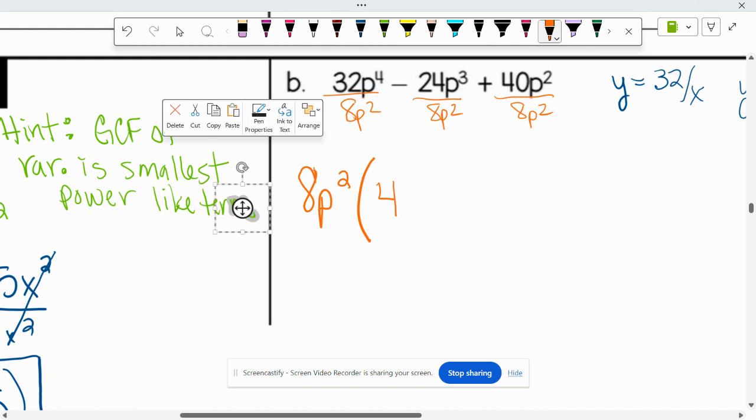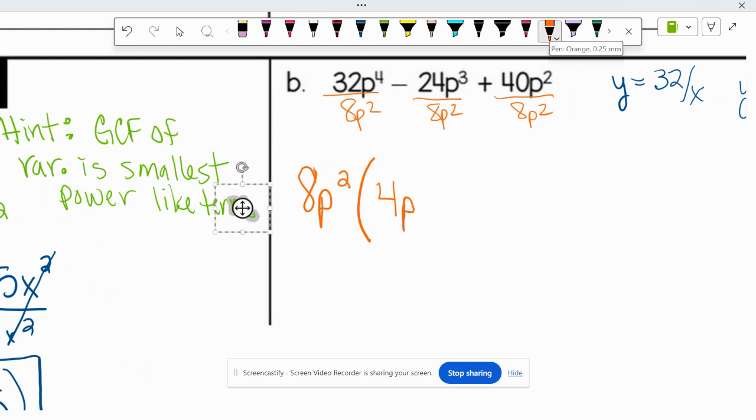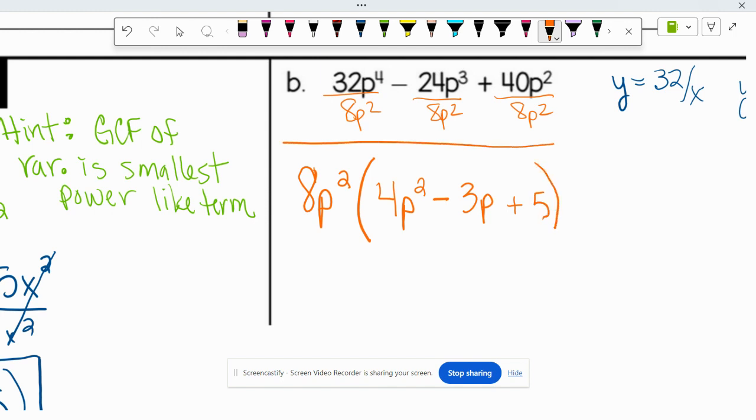Subtract. So what is 4 minus 2? 2p squared. Negative 24 divided by 8 is negative 3. p cubed divided by p squared is p. 40p squared divided by 8p squared: my p squareds cancel out, and a positive 40 divided by 8 is a positive 5. This is my factored form.